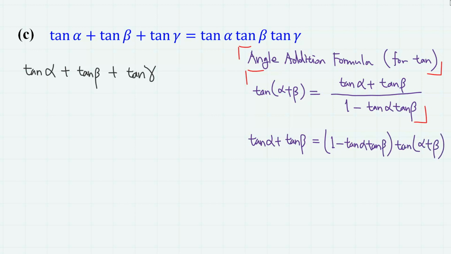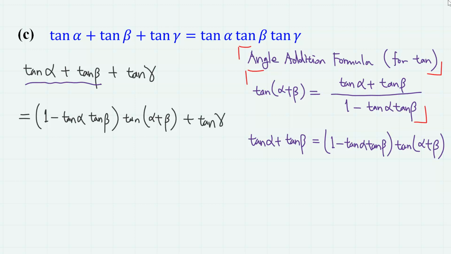And let's use this relation to change this part. Then we have (1 minus tangent alpha tangent beta) times tangent (alpha plus beta) plus tangent gamma. And from our sum of angles condition, we can change this alpha plus beta into pi minus gamma.